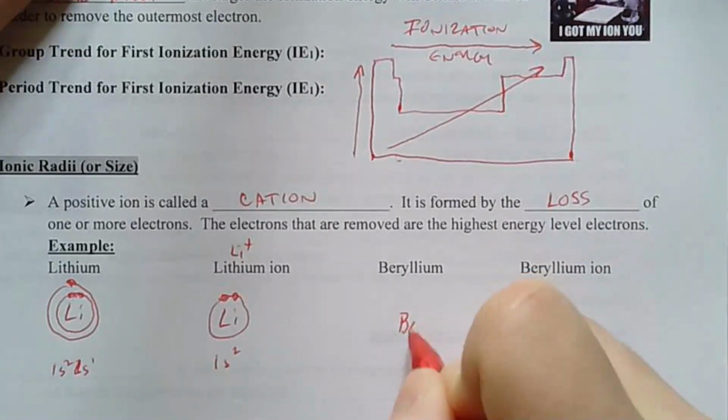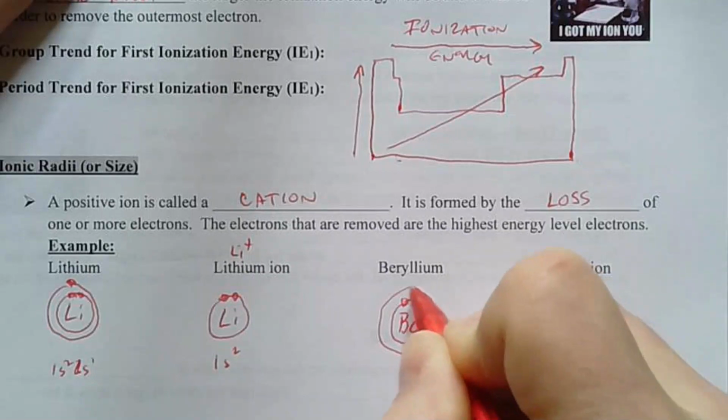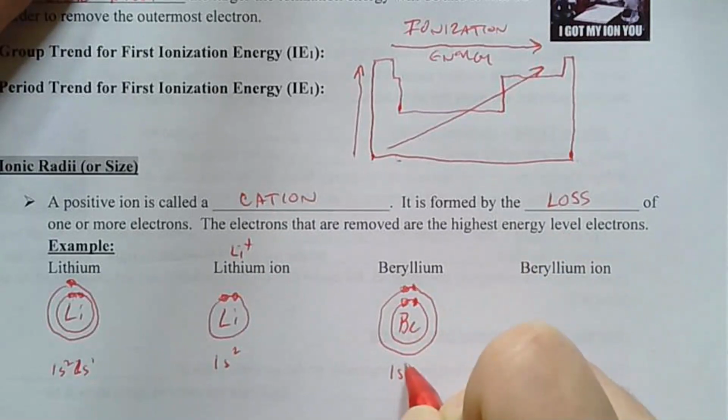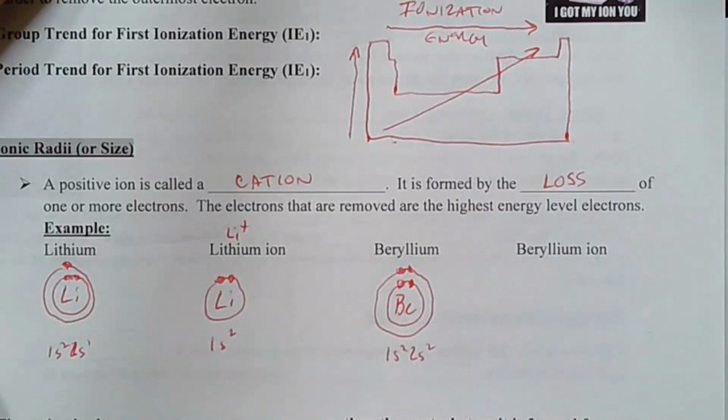Likewise, beryllium, it's got 2 electrons there, 2 electrons here. Its electron configuration is just 1s2, 2s2.